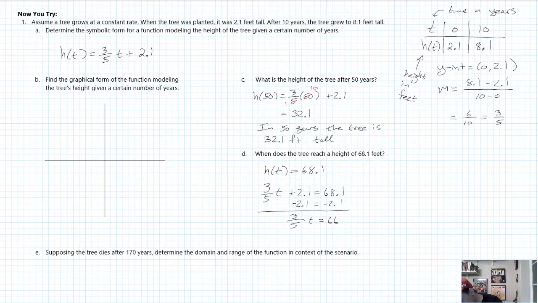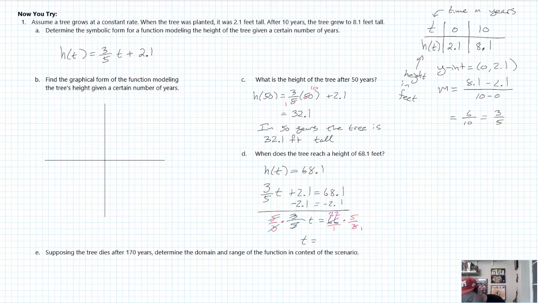And then I'm going to multiply both sides by 5/3 to cancel these fractions. The 3's cancel, the 5's cancel. And we will get t equals, on the right side, we can reduce a bit here. 66 can become 22, while the 3 becomes a 1.